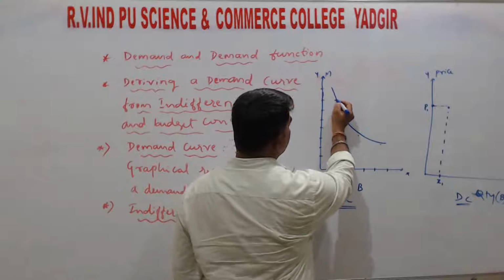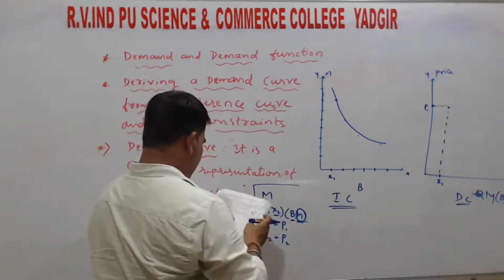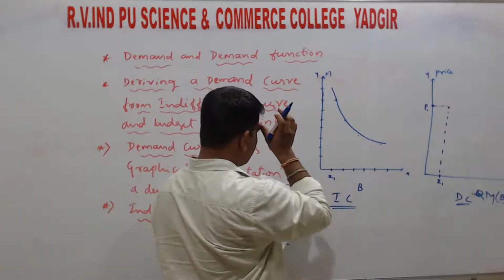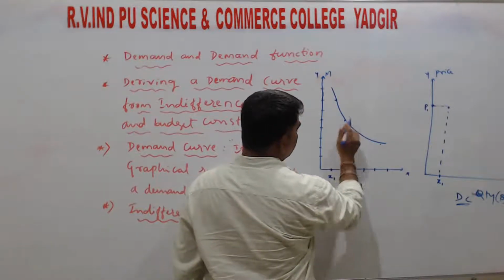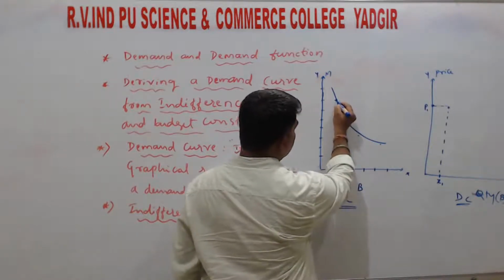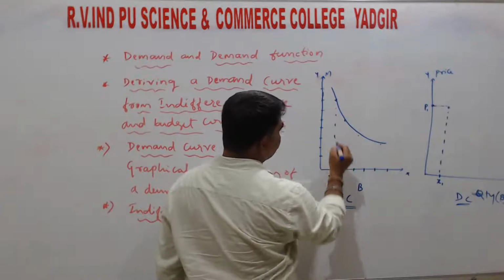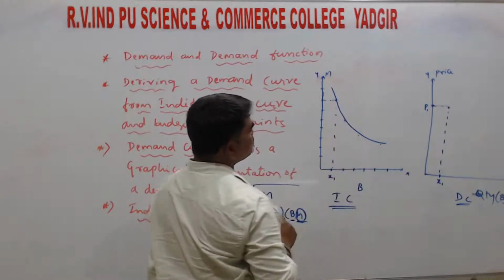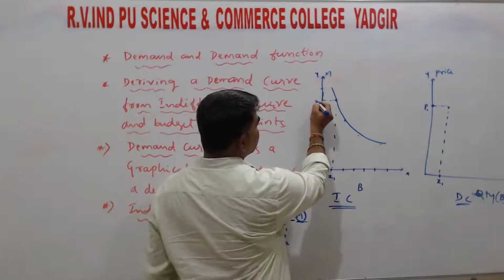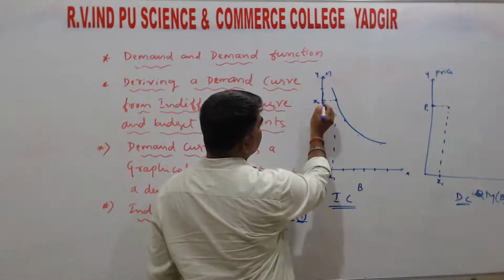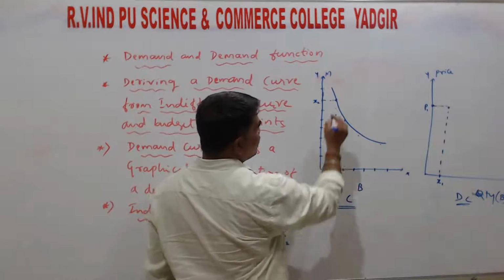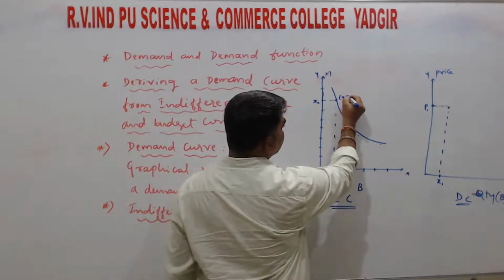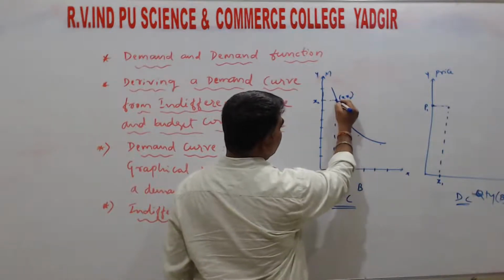Here, if this is x1, we have a bundle where this is x2. X2 means quantity of mango, x1 is quantity of banana. So this x1, x2 is the bundle we have.